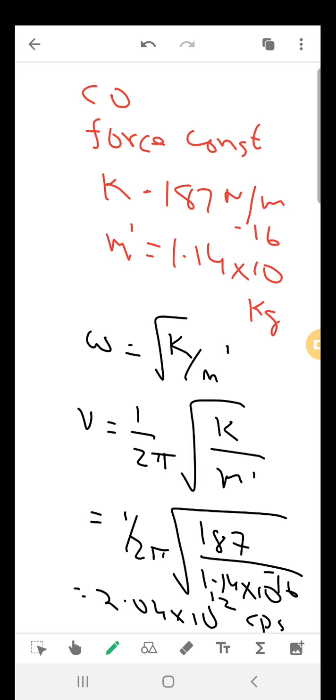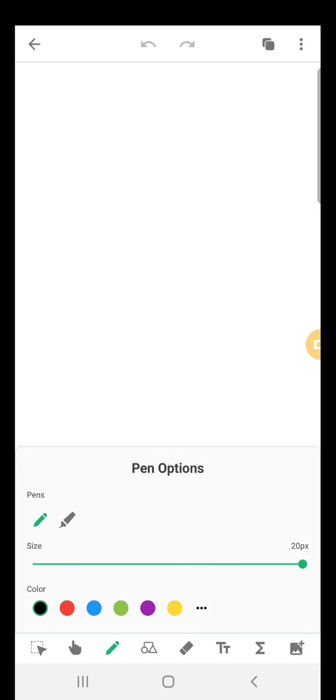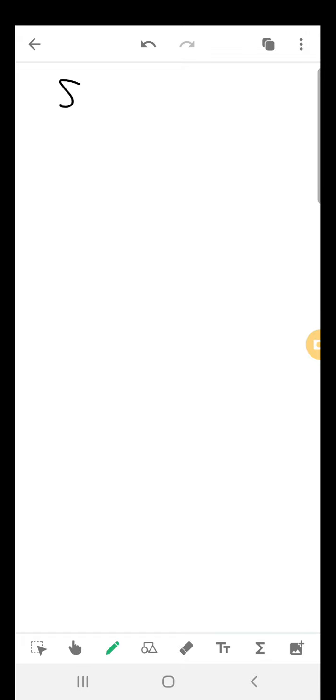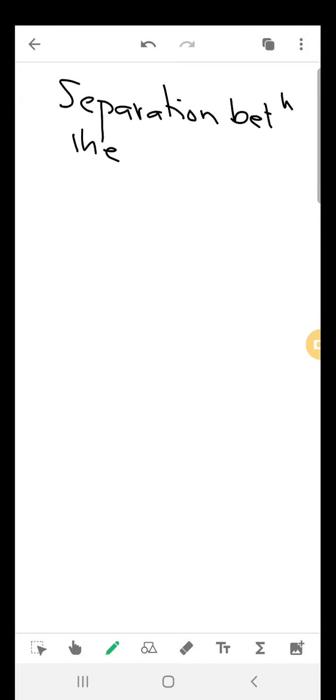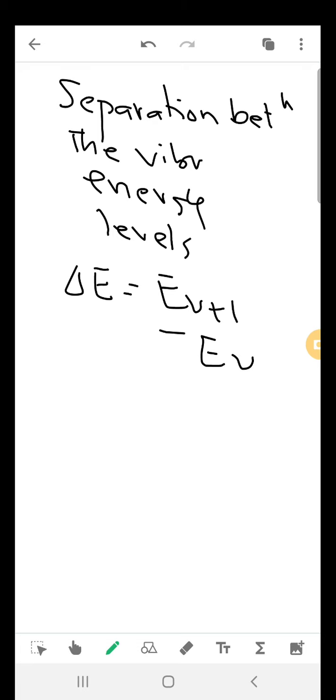So the separation between the vibration energy levels, we like to find out. So that is delta E, and that is equal to E nu plus 1 minus E nu, and it is equal to h nu.